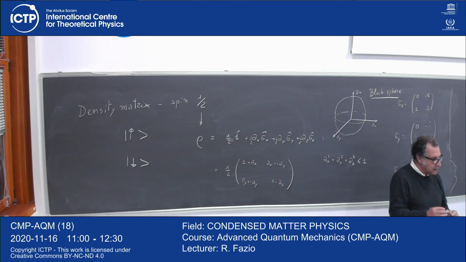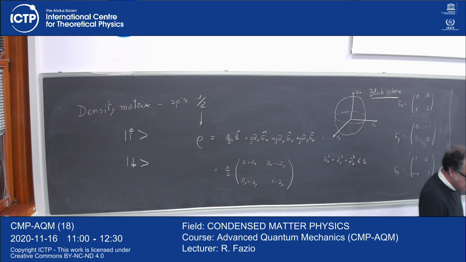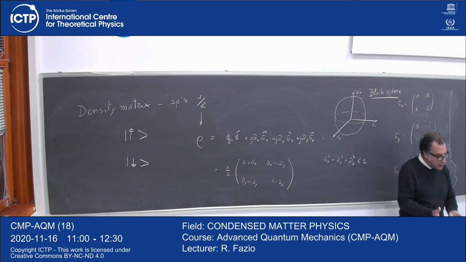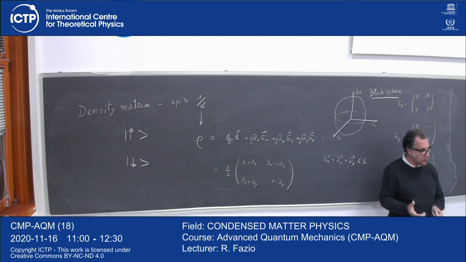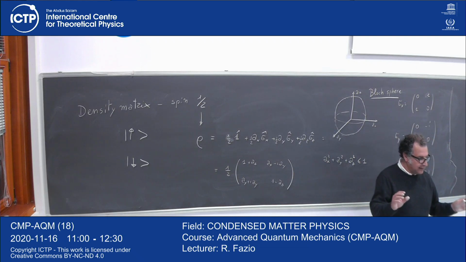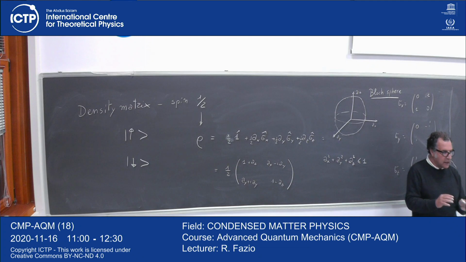Inside the sphere, the purity is less than 1. So for this particular case, all the states on the surface of the Bloch sphere are pure. The mixed states are all those states which are inside the Bloch sphere.